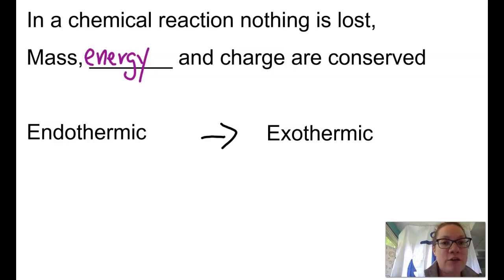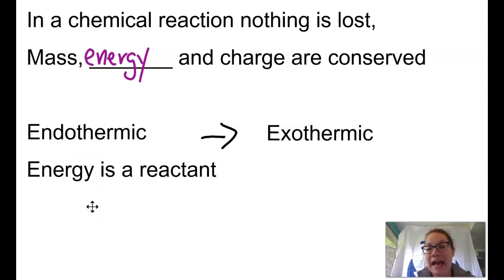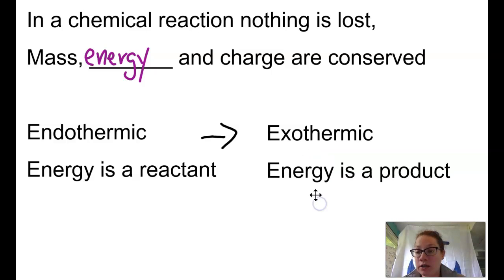And if something is endothermic, it is absorbing energy, so we're going to put that energy as a reactant. If the reaction is exothermic and overall it gives off energy, energy is written as a product.